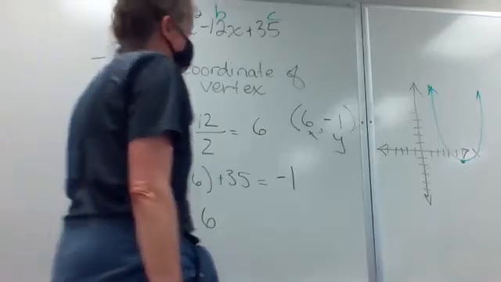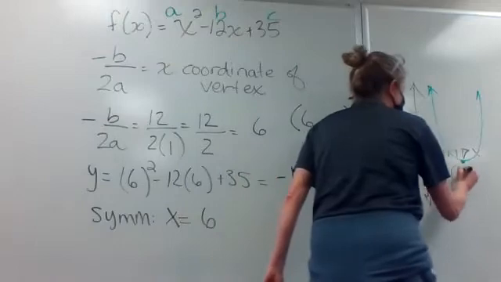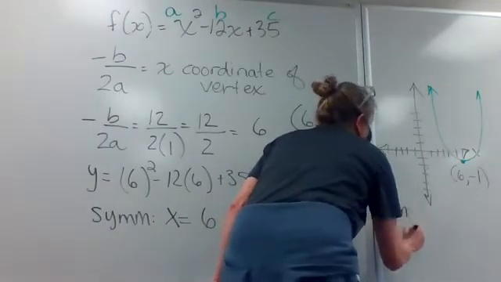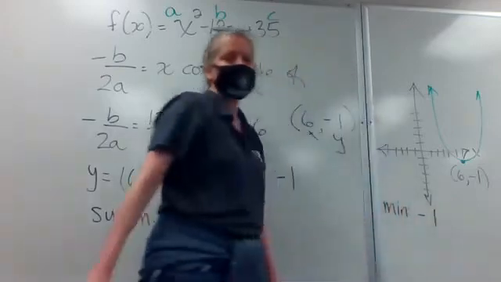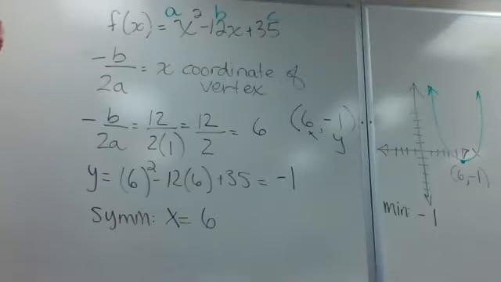So it has a minimum value. And what is the minimum value? If this is at 6, -1, the minimum value is -1. And then it's going to ask you to graph this.